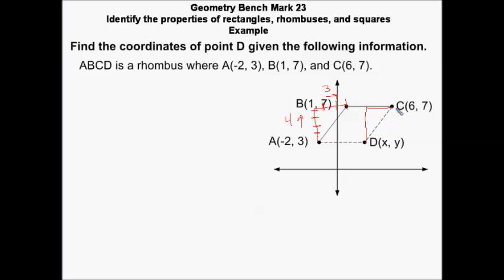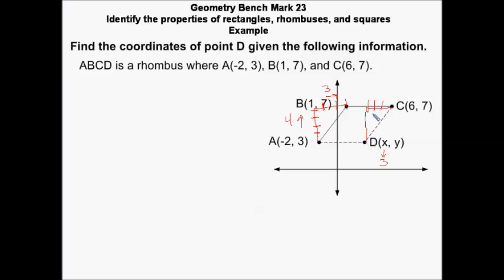I'd go up 4 and over 3. So now I want to get from here to here. I'm going to go 3 and 4 because I need it to be the same, right? So I'm at 6. If I count backwards spaces, 1, 2, 3, that's 5, 4, 3. So that's 3.